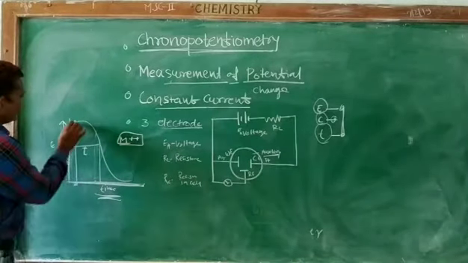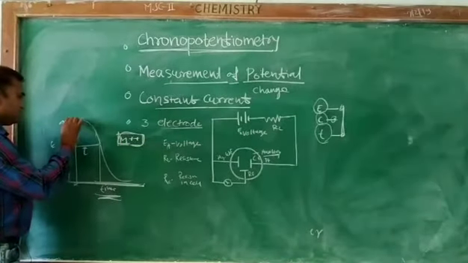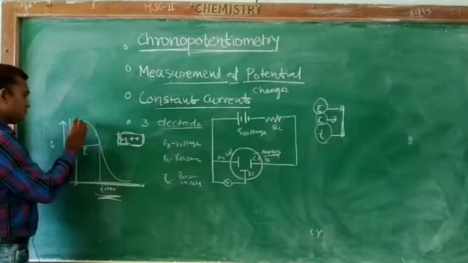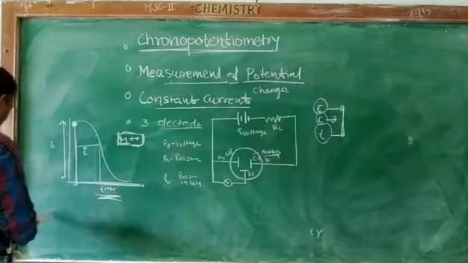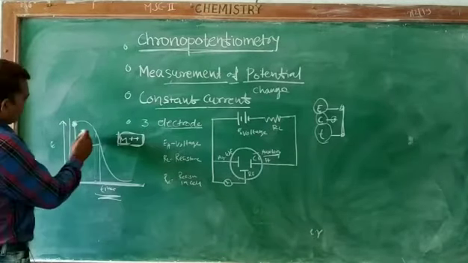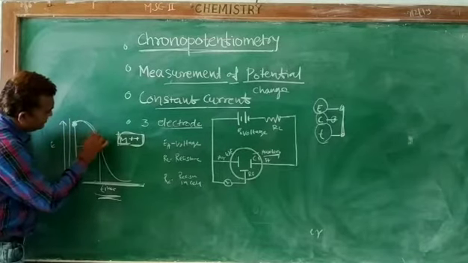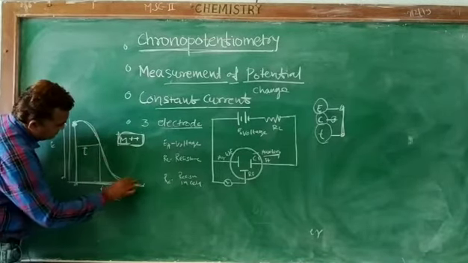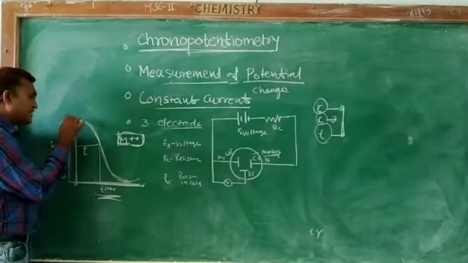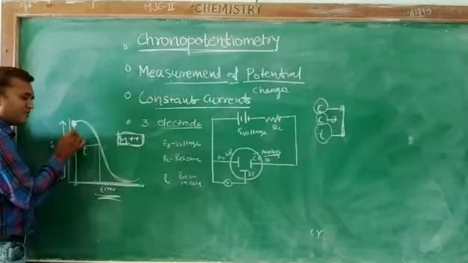here firstly the solution contains the metal ions. The metal ion is consumed. At first, the metal ion has a higher concentration, so in the graph we find the higher potential.